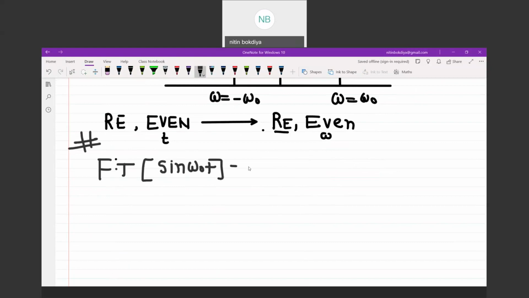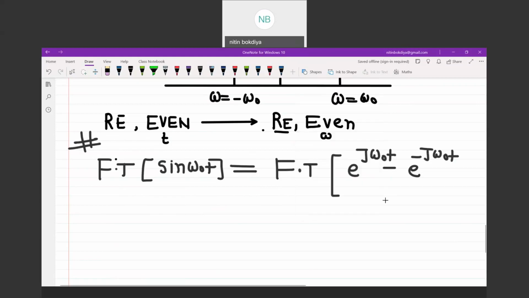What you can say is it is equivalent to the Fourier transform of e to the power j omega naught t minus e to the power minus j omega naught t, divided by 2j.